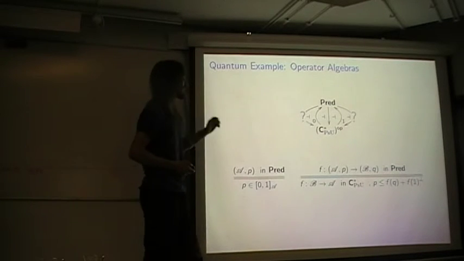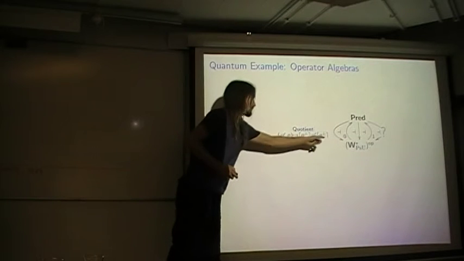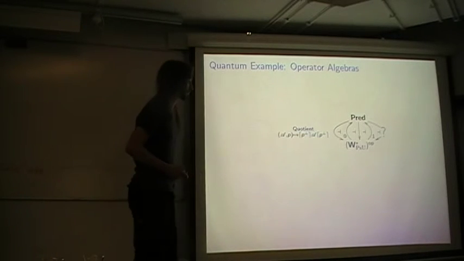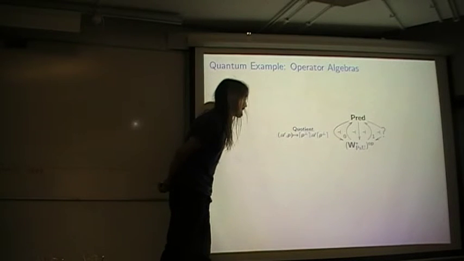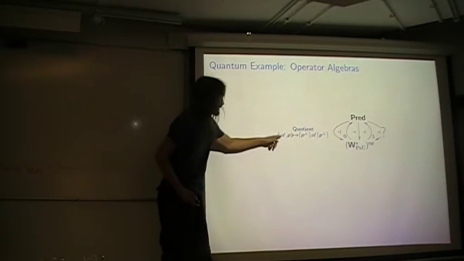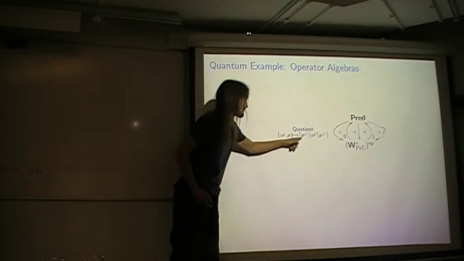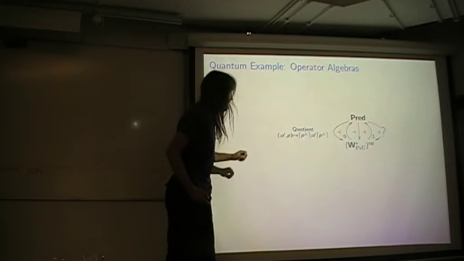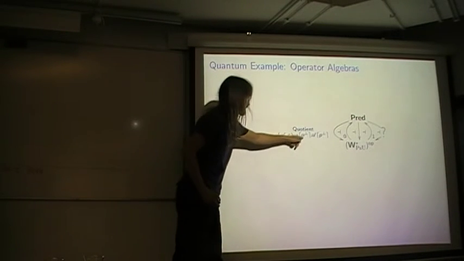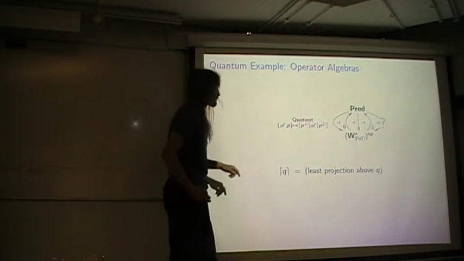I could only answer the question whether there is a left adjoint for the case of W-star algebras, for normal algebras. In that case, the left adjoint is the quotient of an effect P, which is this normal algebra. This thing here is a generalization of ceiling, a generalization of integer part.